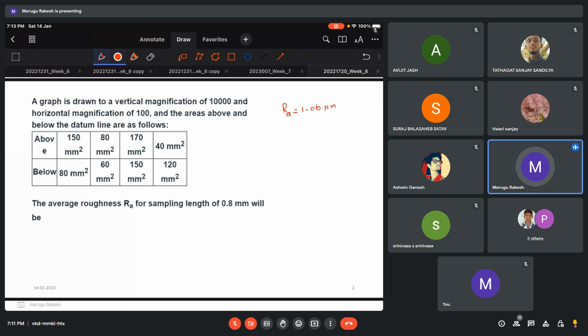So everyone is getting the same value, 1.06 microns.